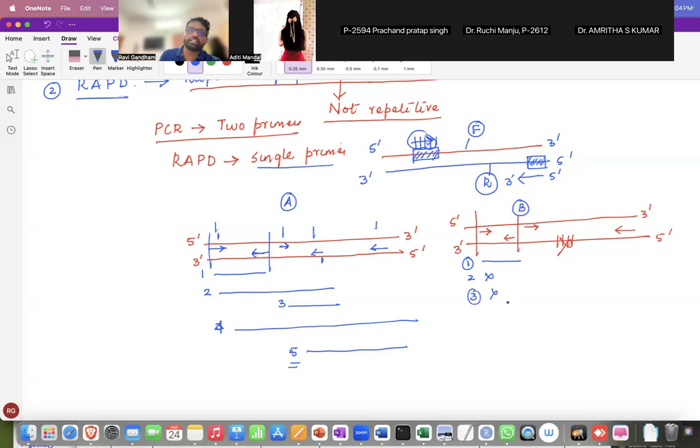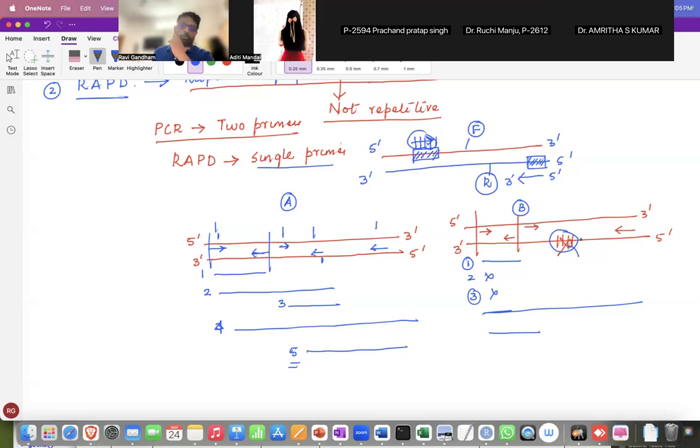And then you'll be having the fourth one and the fifth one as well. Right? Got it? So, what happens? It depends on whether there exists polymorphism at those sites for those sites where the primer has to bind.